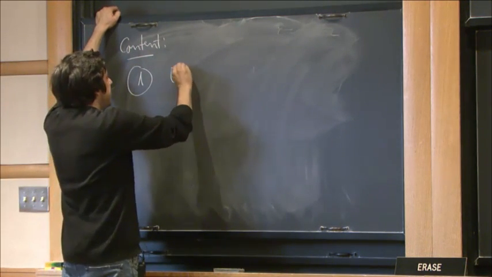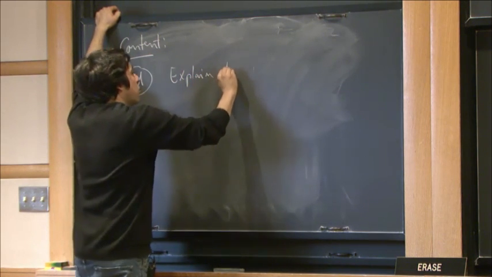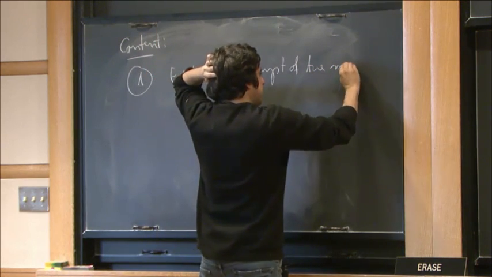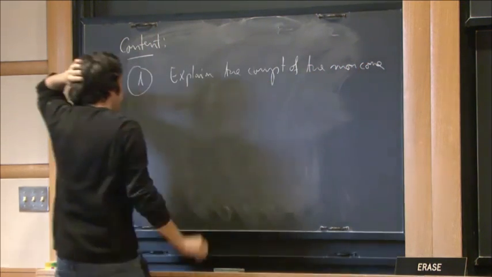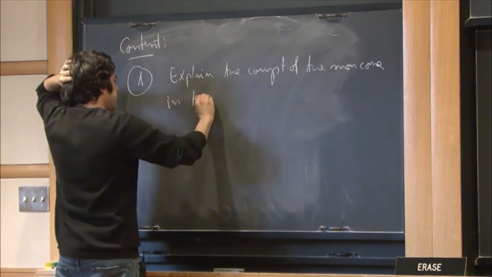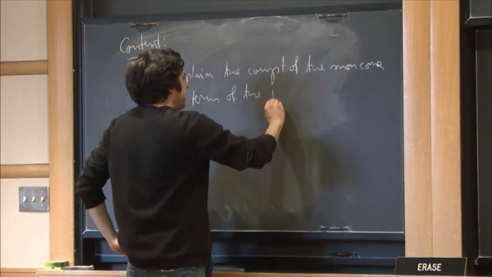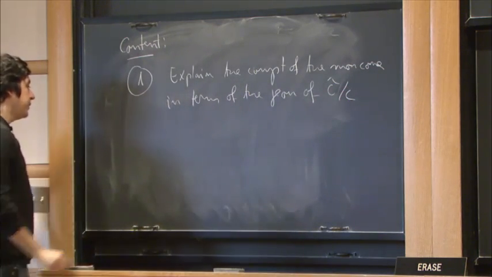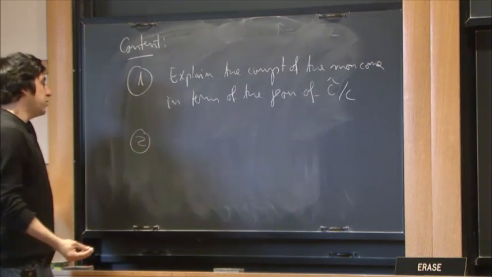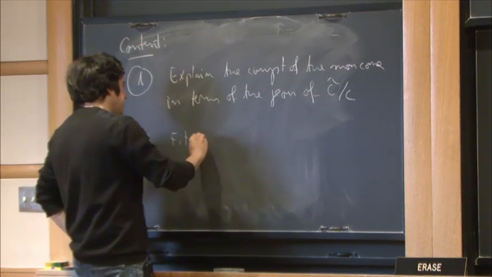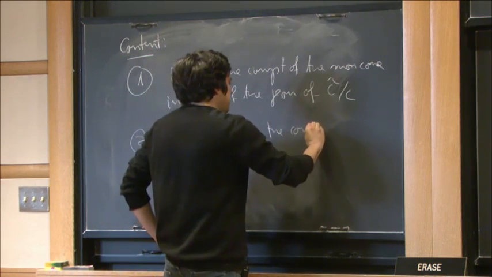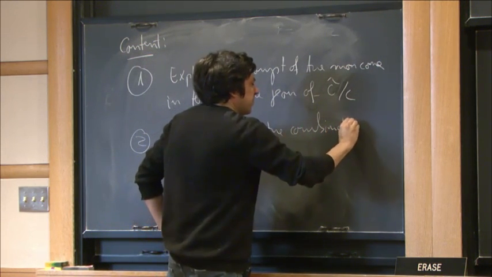The first one, we have to explain the computation of the monodromy cone in terms of geometric data, of the geometry of C tilde mod C. And second is to fit this with the combinatorics of sigma.